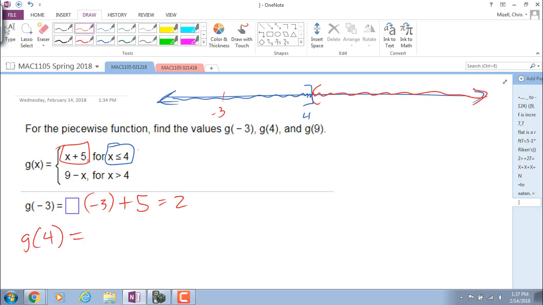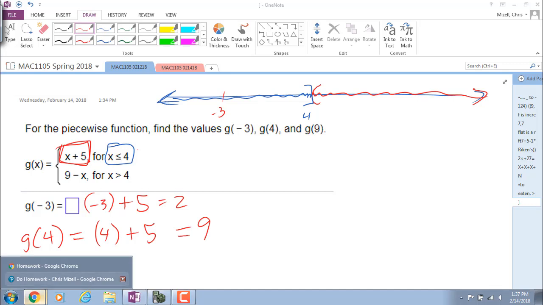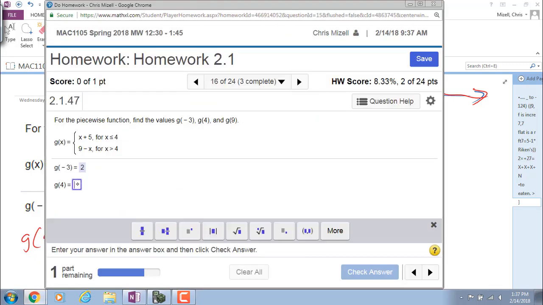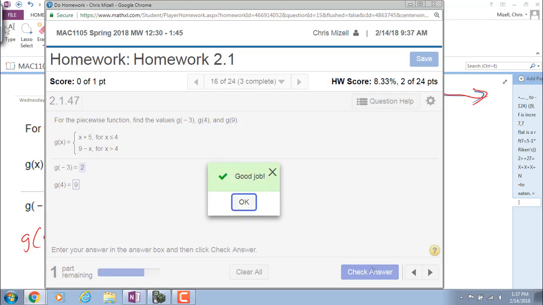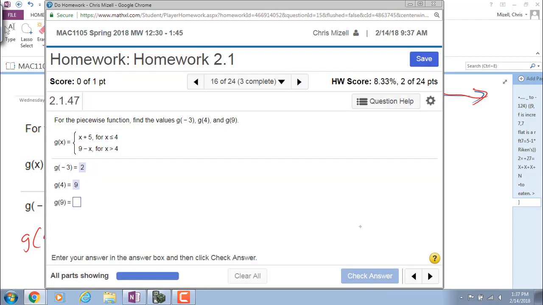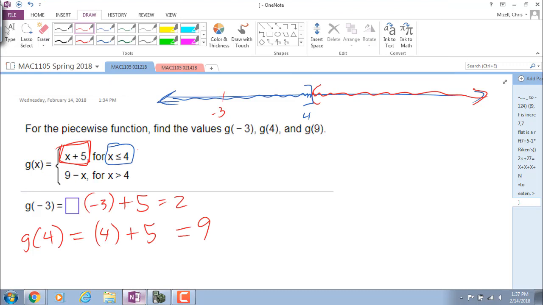So, again, we use the top rule. G of 4 is 4 plus 5. 4 plus 5 is 9. So we input the 9 and we check it. And it works. And then we do the last one.